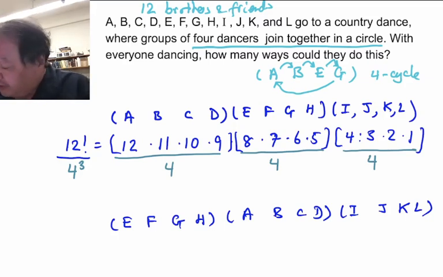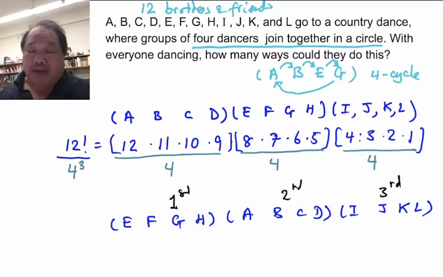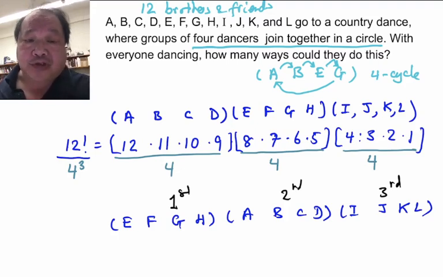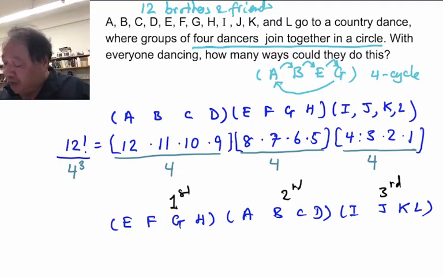So we have a first position, a second position, and a third position, but they don't really matter who's in the first, second, or third. How many different ways can we overcount it? There are 3 different groupings here.